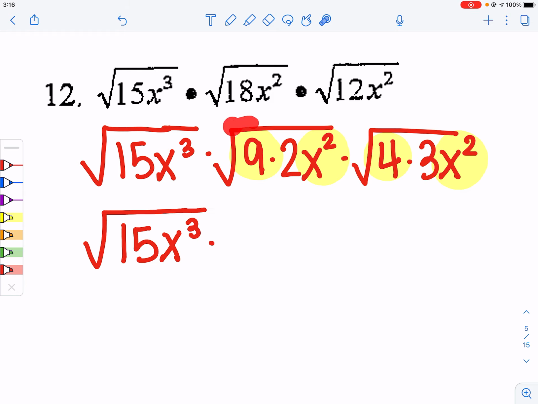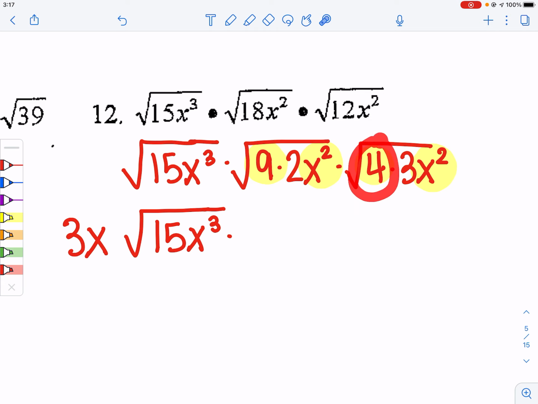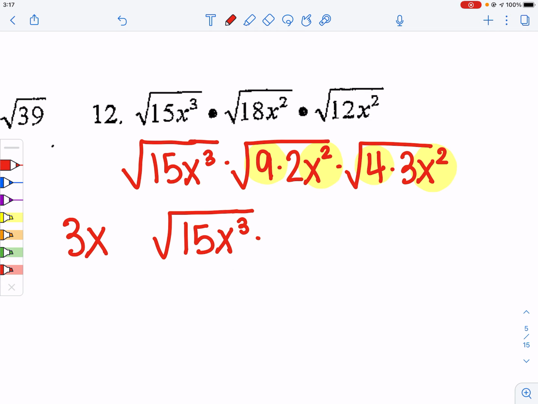I know that the square root of 9 is 3, so I'll bring that out front. The square root of x squared is just x. Let's look back here. Square root of 4 is 2, so I'm putting all of this in front. And then the square root of x squared is another x. So lots of things out front that I am taking care of.